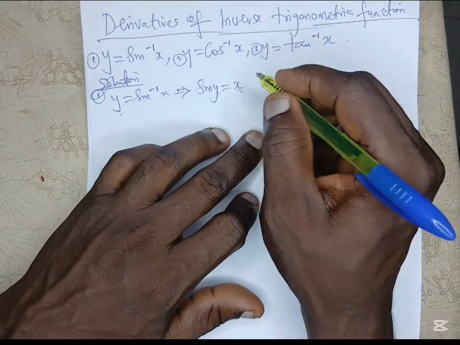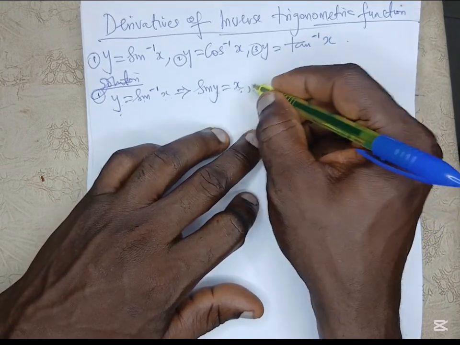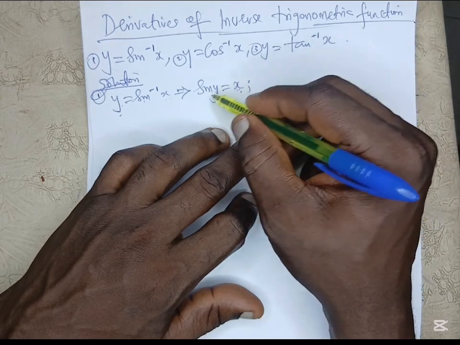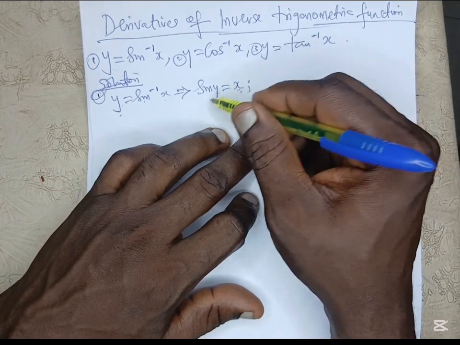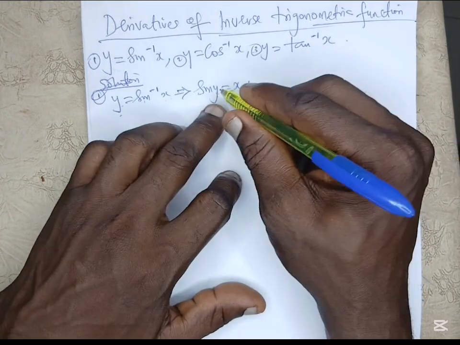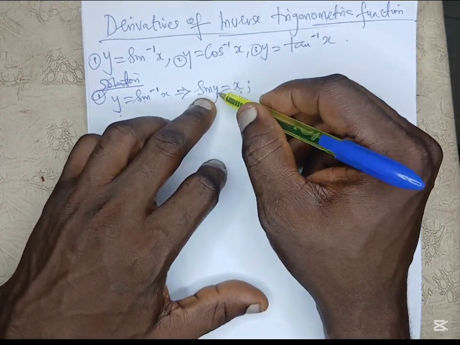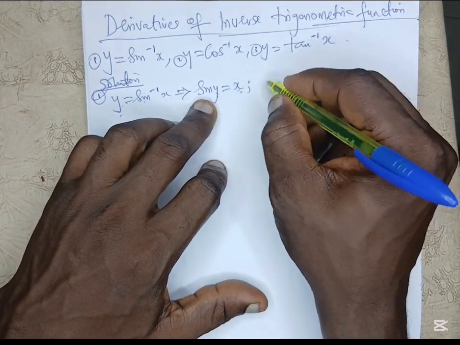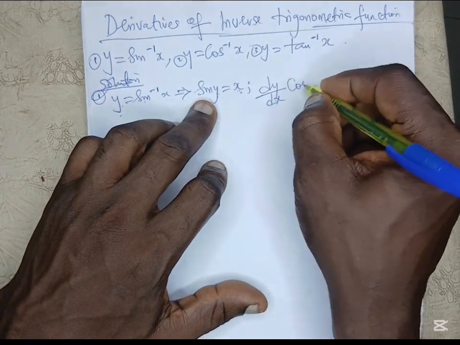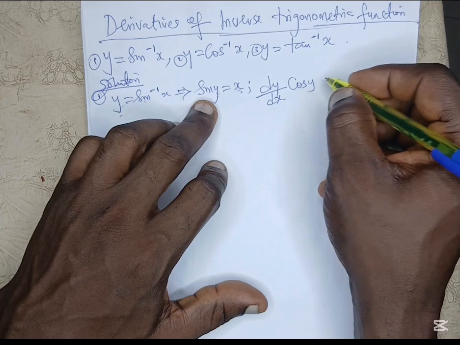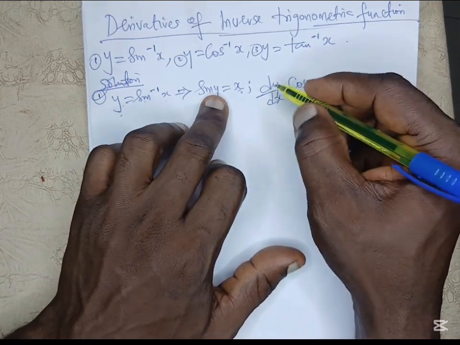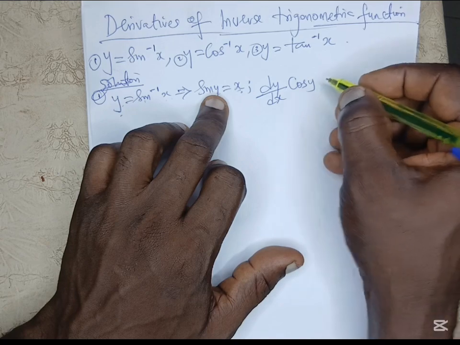Now, we can differentiate this because if we differentiate sine y, you can easily get cos y. So we differentiate sine y. We have dy/dx times cos y. Each time we differentiate a dependent variable, you must add dy/dx.